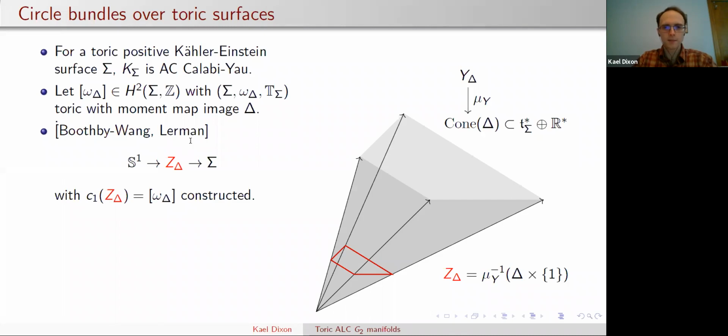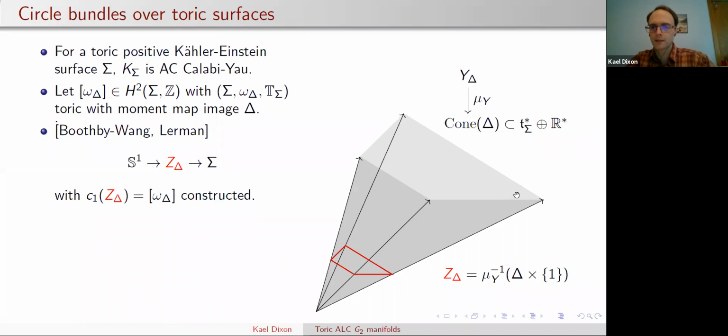But this has been interpreted by Lerman in the toric setting. So in the toric picture, what you do is you have your original polytope, and then you take the cone over it, and that's going to correspond to some symplectic cone manifold, which is going to be 6-dimensional.